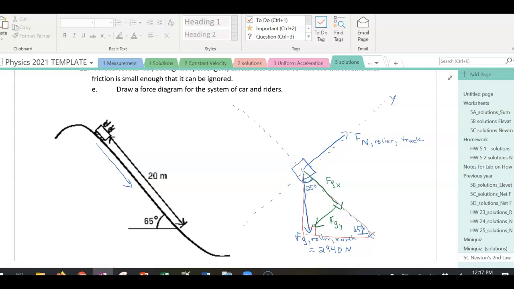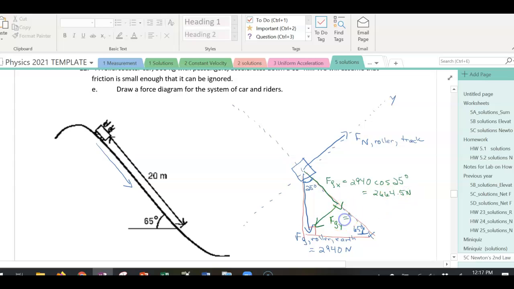Okay, once I have an angle inside the triangle that has the components of the force of gravity, I can find those components. The x component is going to be 2940 times the cosine of 25, cosine because it's adjacent to that 25 degree angle. And so that is 2,664.5 newtons.